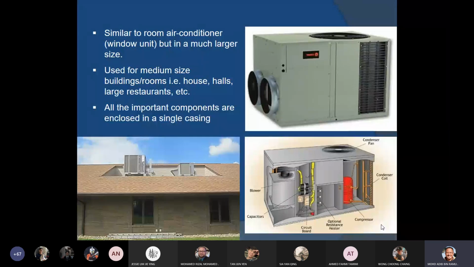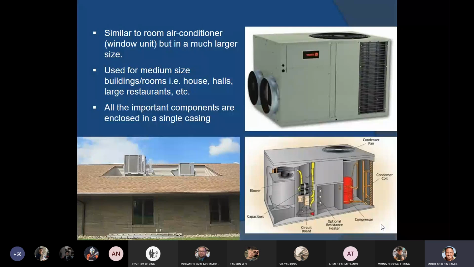Okay, so for the package unit air conditioning system, the concept is very much similar to the window unit. If you still remember the window unit, all these air conditioning components are packaged in one unit, right? But the split unit is slightly different because it is divided into two parts, the indoor part and the outdoor part.